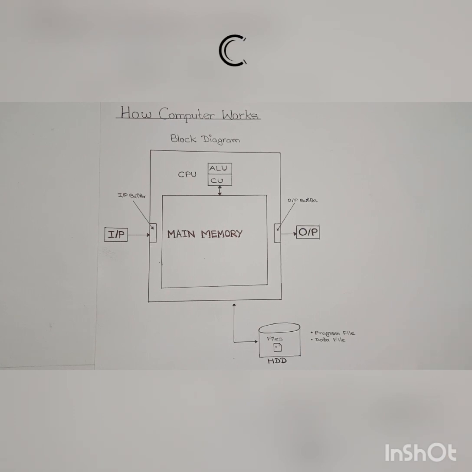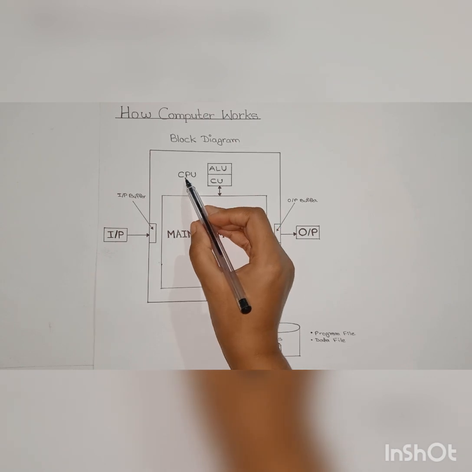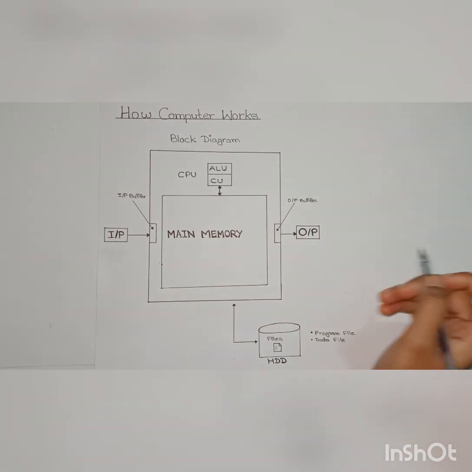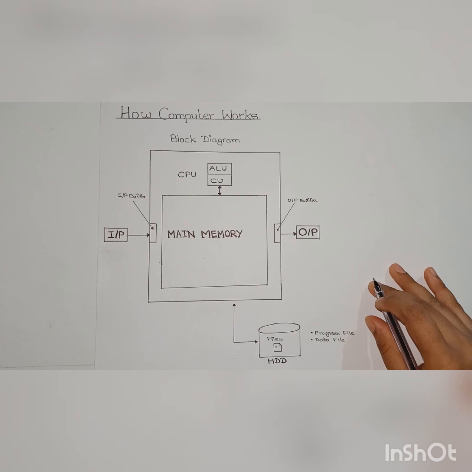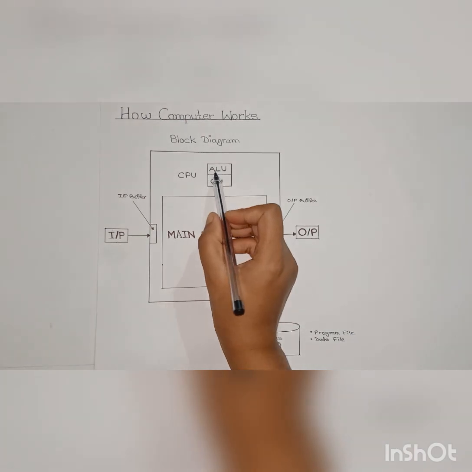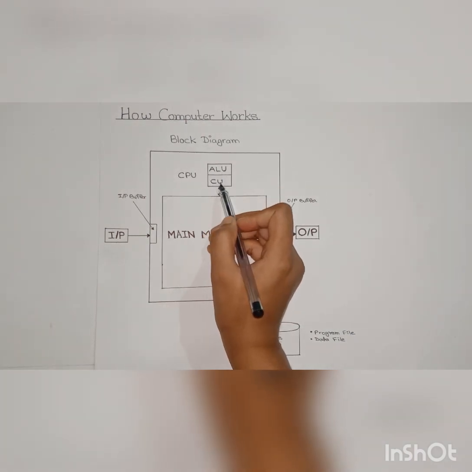So the heart of the computer is the CPU, that is central processing unit, or microprocessor. Today's microprocessors are i3, i5, i7 and so on. These microprocessors have two parts, ALU and CU.